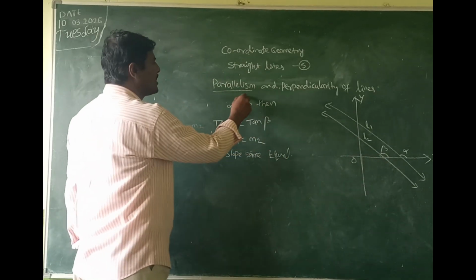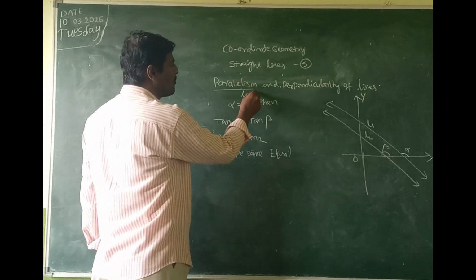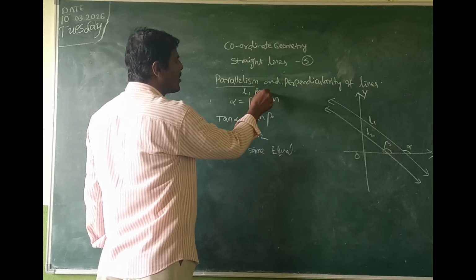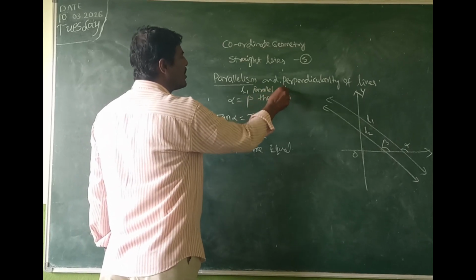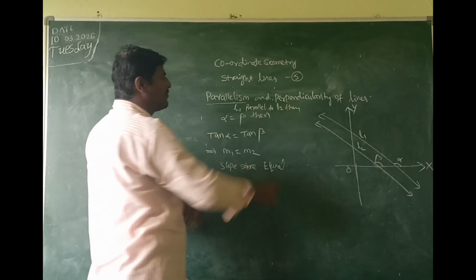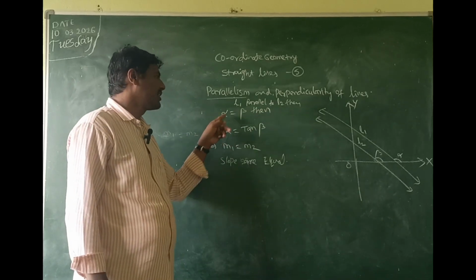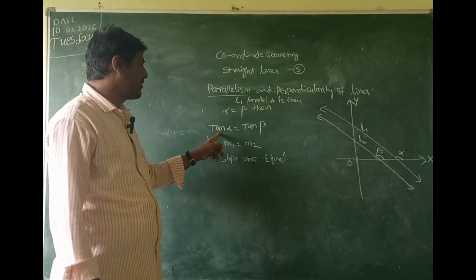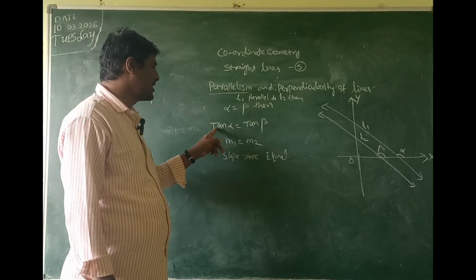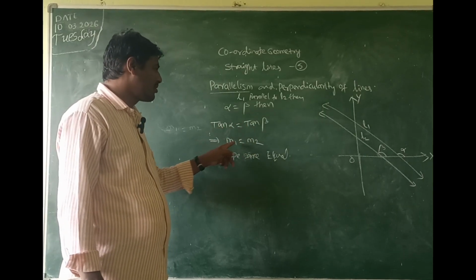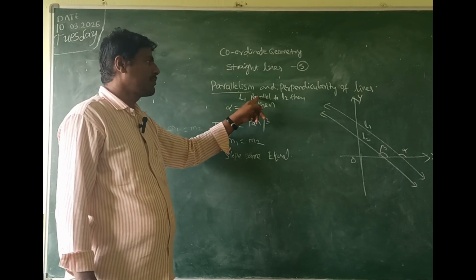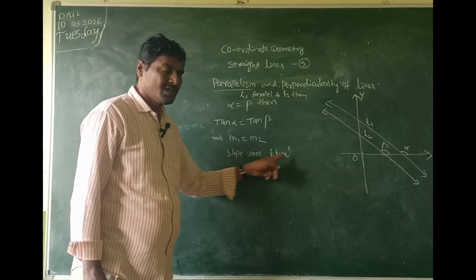L1 is parallel to L2. If two lines are parallel, the inclination of L1 equals the inclination of L2, then tan alpha equal to tan beta. This is gradient form, so m1 equal to m2. So if two lines are parallel, then slopes are equal.